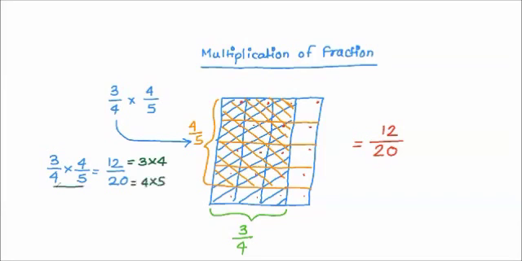So in multiplication of a fraction by another fraction, we multiply the numerators and we multiply the denominators. Let's take one more example so that we understand it better.